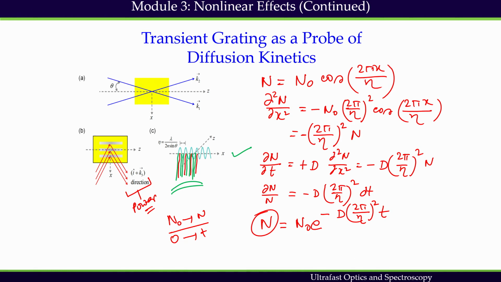In order to diffract this beam, I need to have this grating sustained, and this grating can be washed off due to diffusion, and that can be plotted with respect to time following this equation. So one can find out the diffusion kinetics. We will stop here, and we will continue this module in the next lecture.